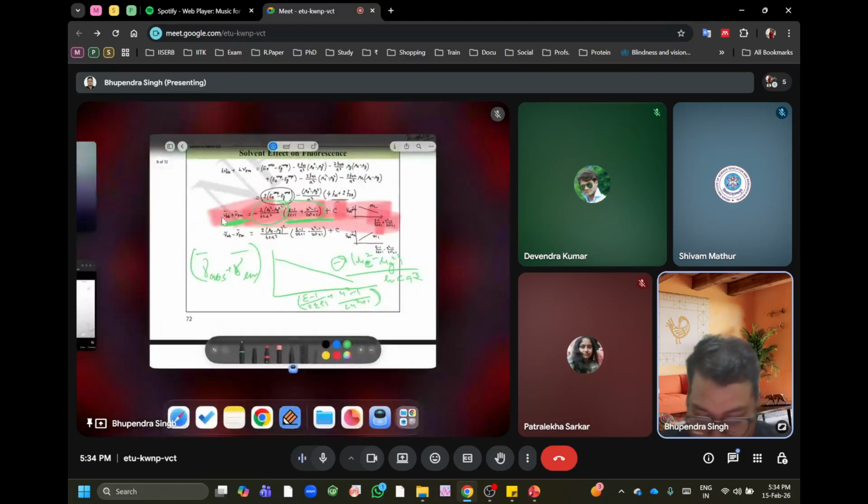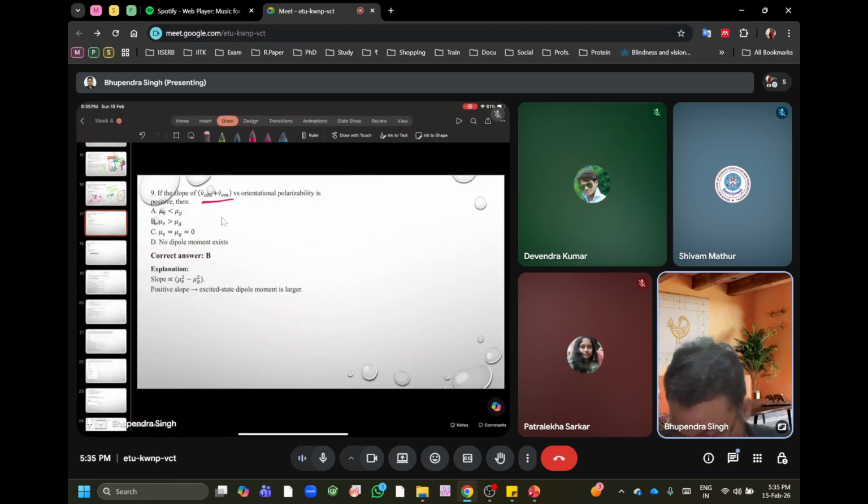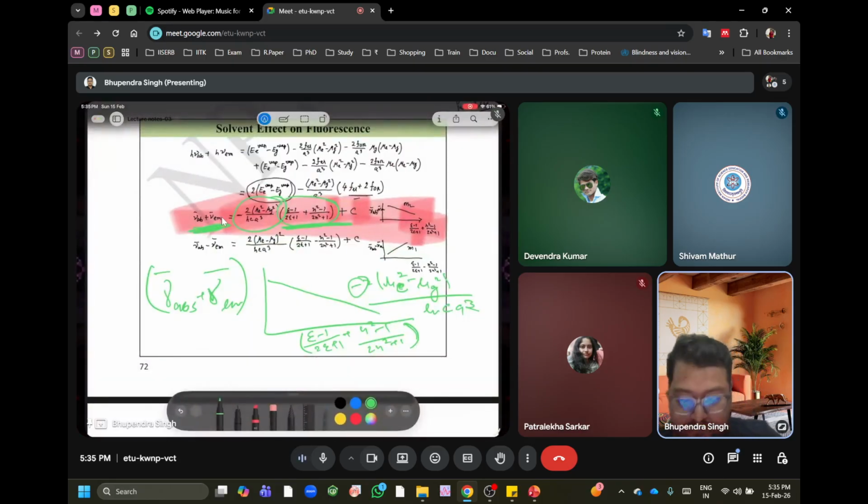And it is written, what is the question? If the slope of this versus orientational polarizability is positive... okay, the slope here is negative.